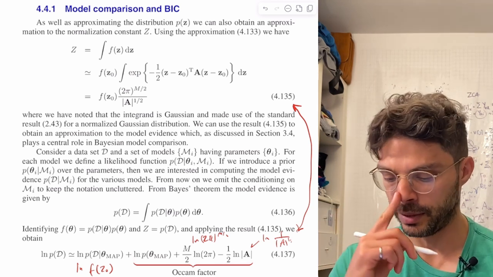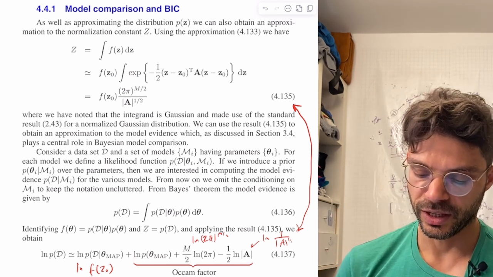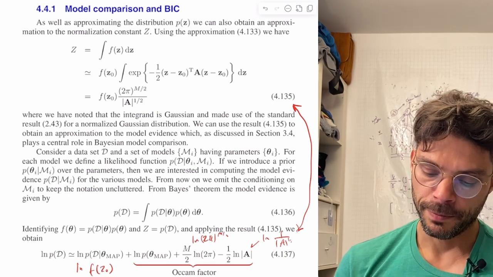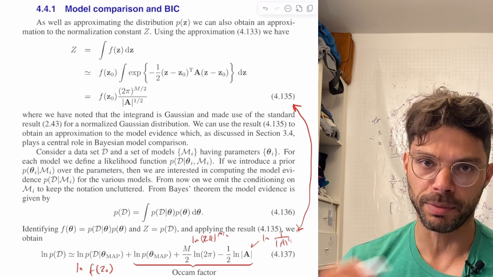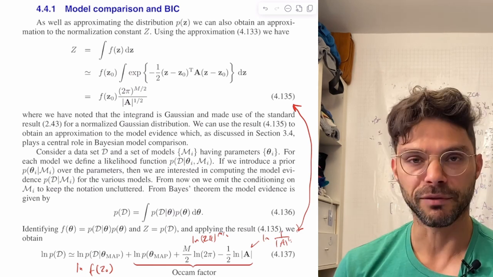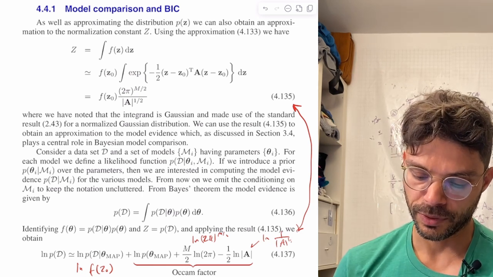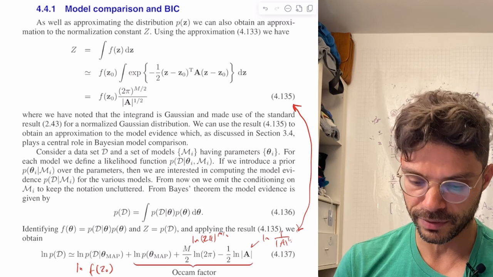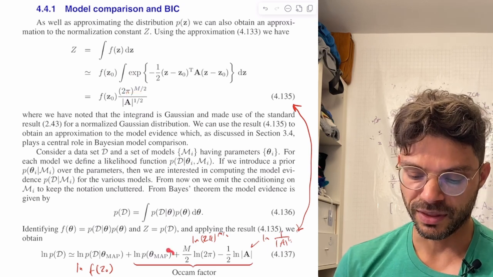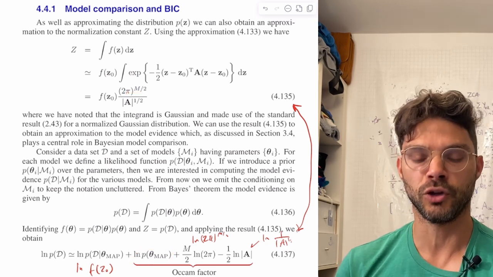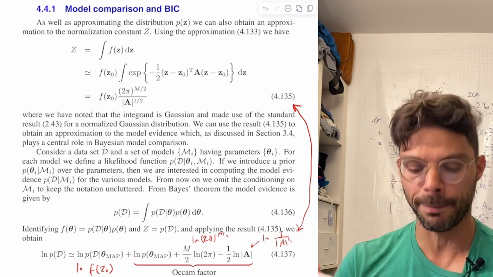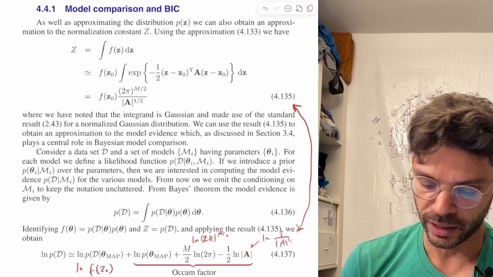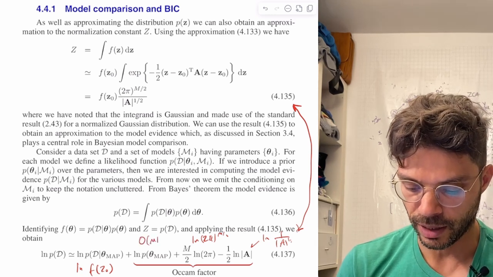It's penalizing the complexity, and you can see that because, for example, things will scale with the complexity of the model. There'll be some term that depends on m, the number of parameters you have. That's coming from here. If you assume this is a prior on your parameters, again there'll be m parameters, so this will be of order m times something.